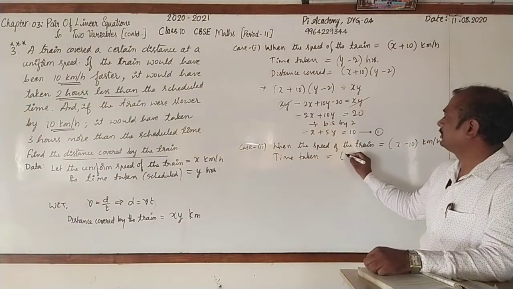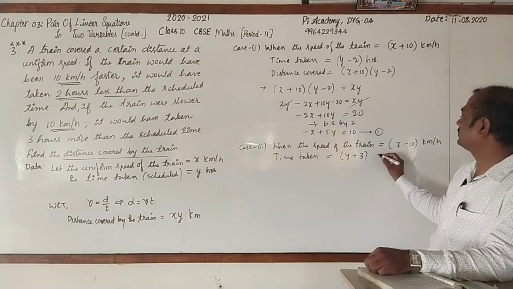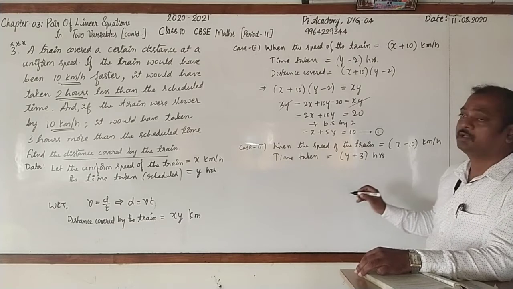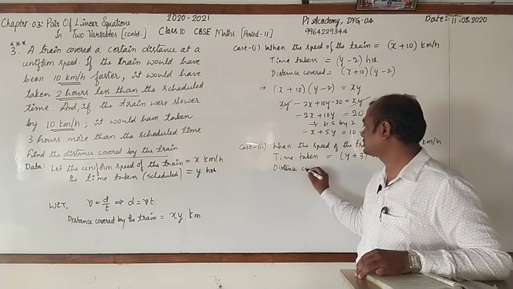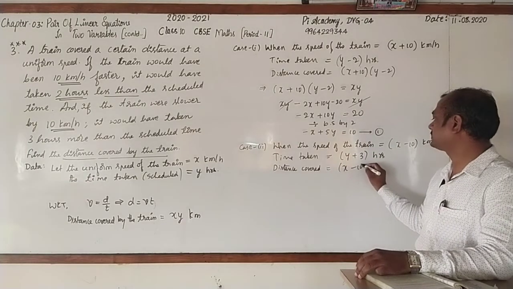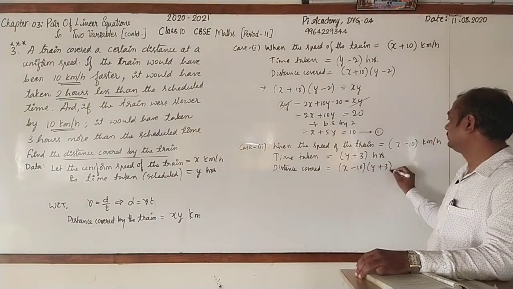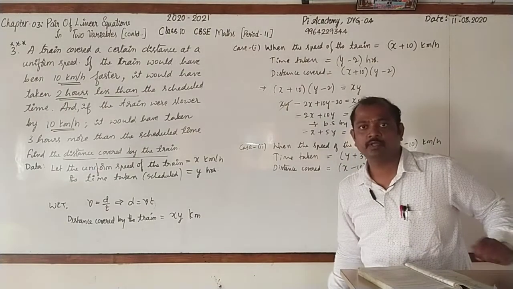The scheduled time is y, increased by 3 hours: y plus 3 hours. Then what about the distance covered? Distance covered is equal to x minus 10 into y plus 3 kilometers. And this distance is equal to xy.